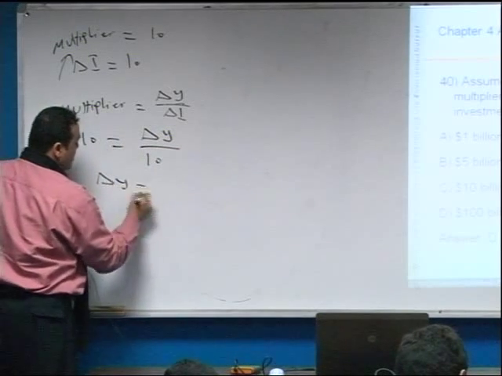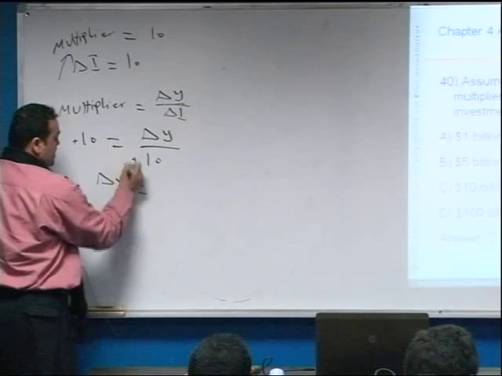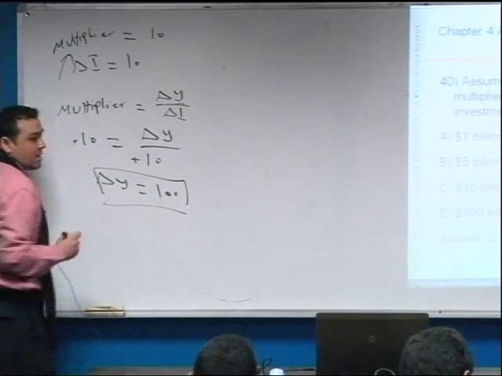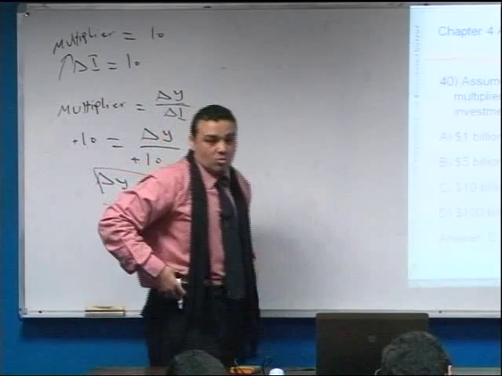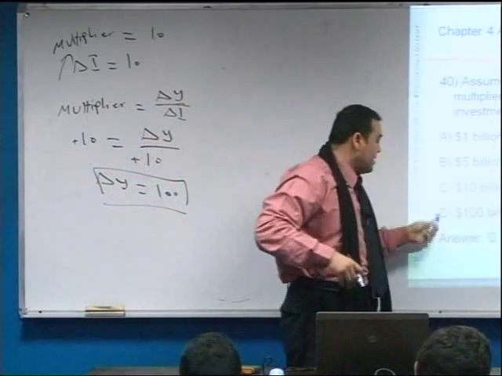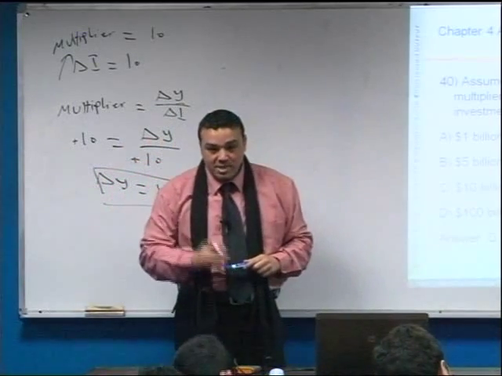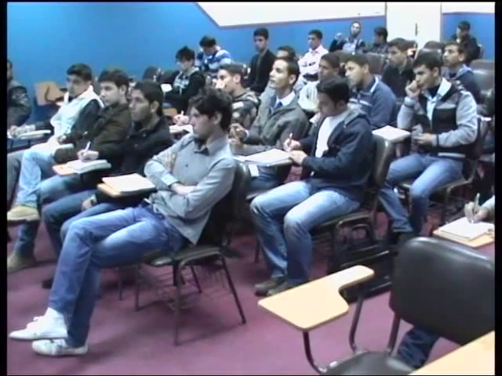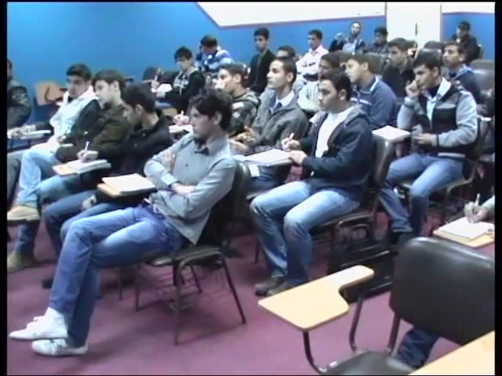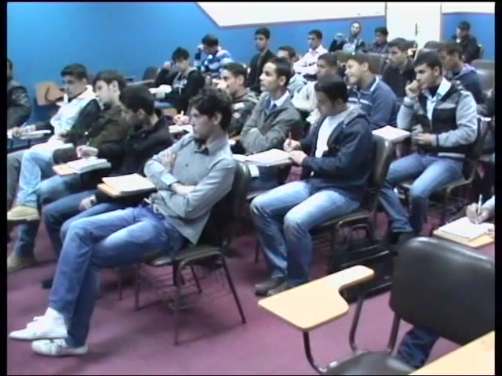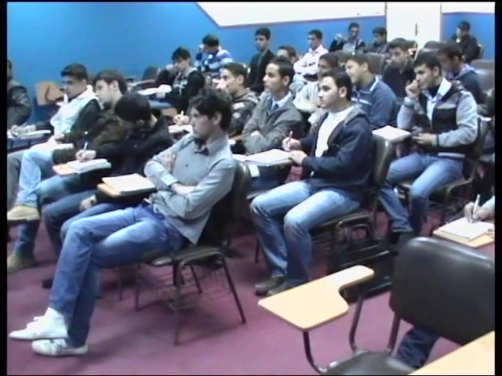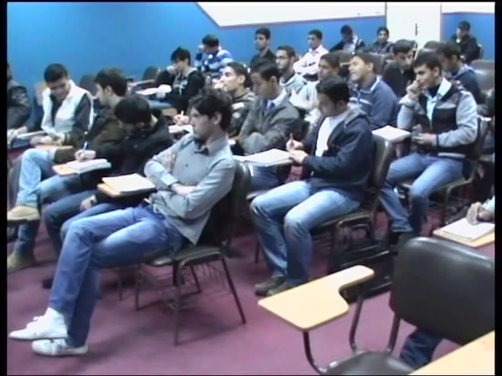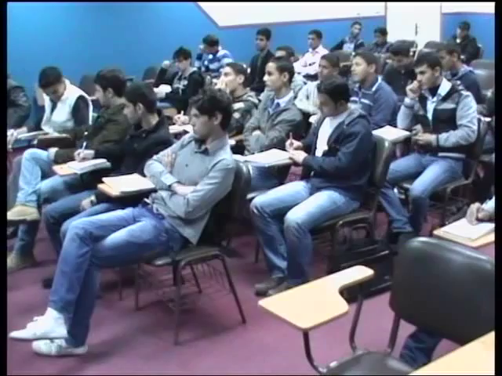So delta Y equals positive 100. We expect that the aggregate output would increase by $100 billion. The multiplier equals 1 over 1 minus MPC, and 1 minus MPC is MPS. Yes, exactly.